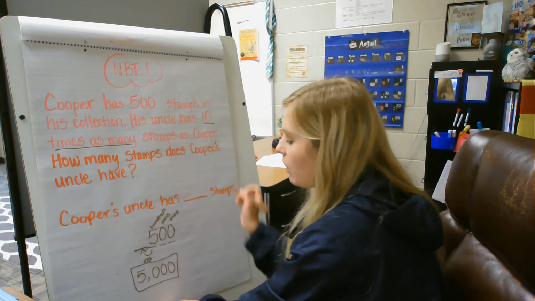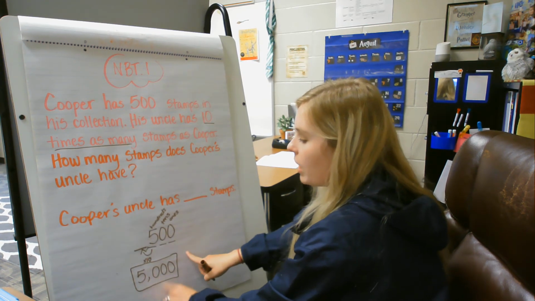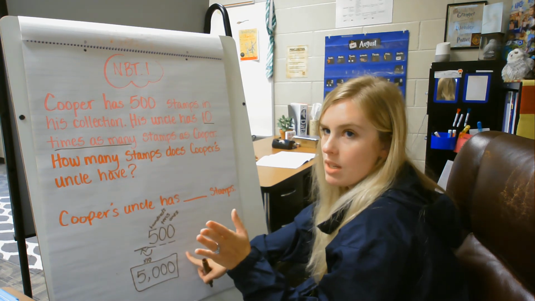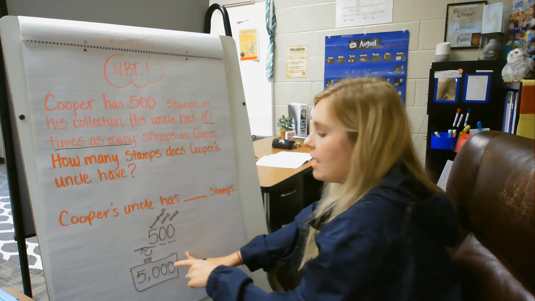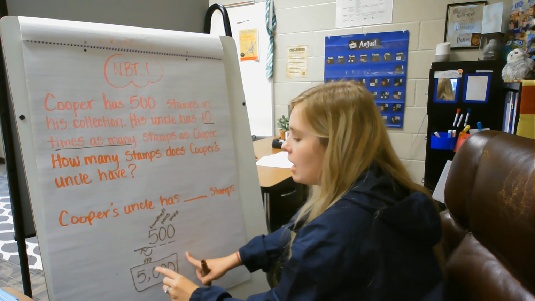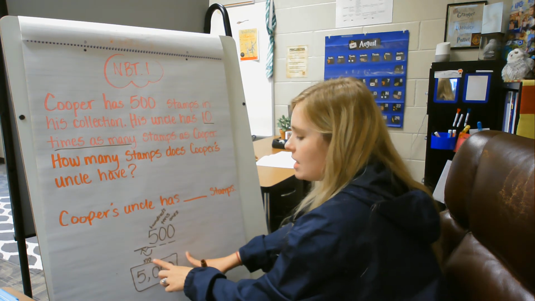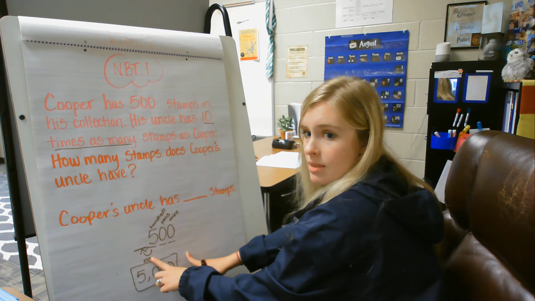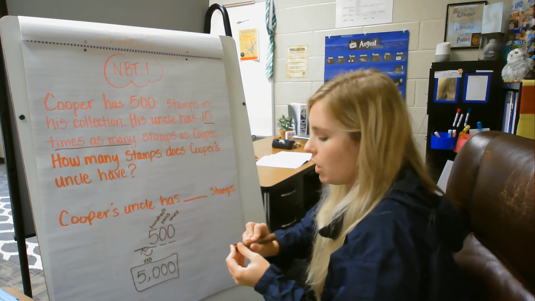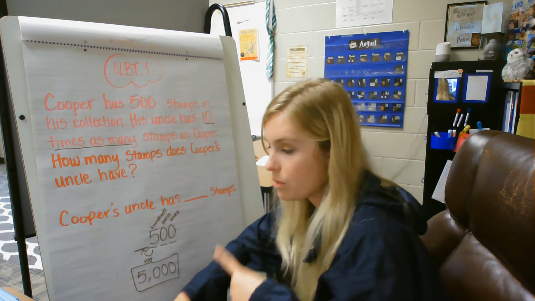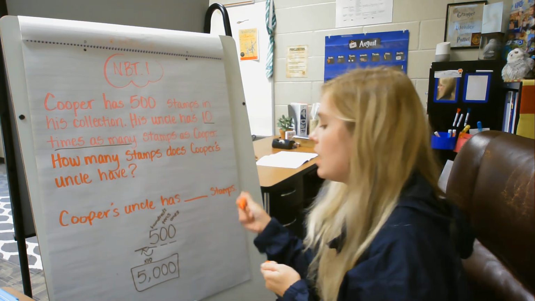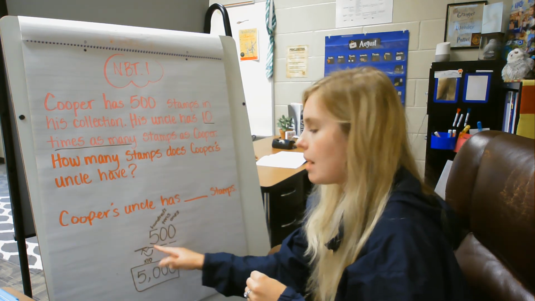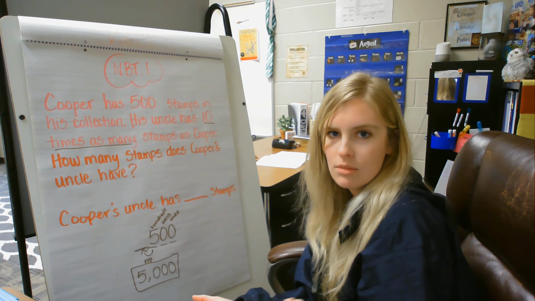Now, again, I want you to think about what I said about place value versus multiplying the actual number. If I was actually multiplying the number 10 times 5 here, and I'm going to do this in a different color because I want you to see that it's wrong, it's not the right answer. If you actually said 10 times 5, what would you get? 50.